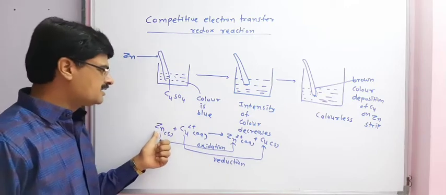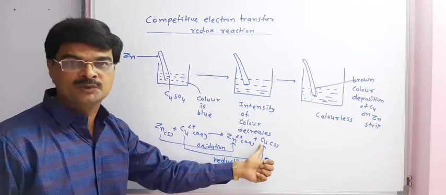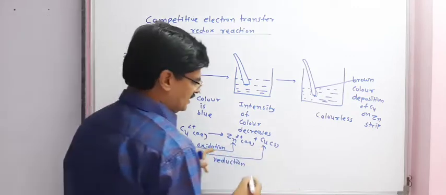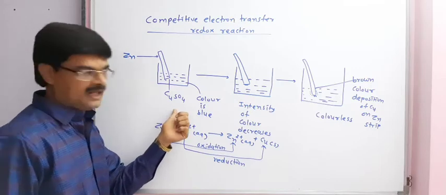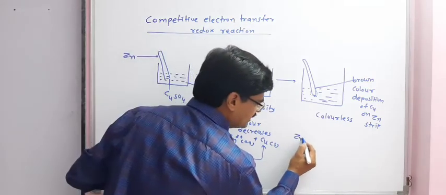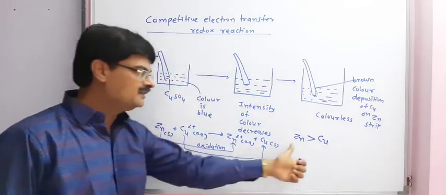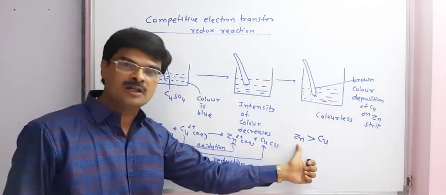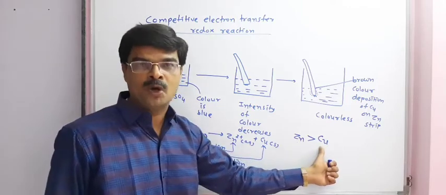So the overall reaction will be Zn + Cu2+ gives Zn2+ + Cu. Before we study another reaction, from this experiment it can be said that Zn is more reactive than copper. It means releasing of electrons will be easier for zinc as compared to copper.